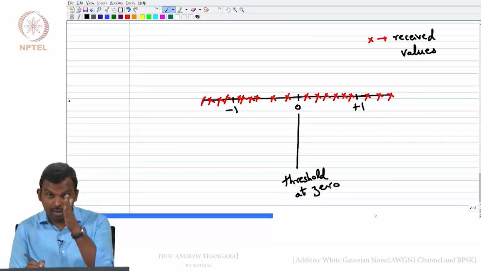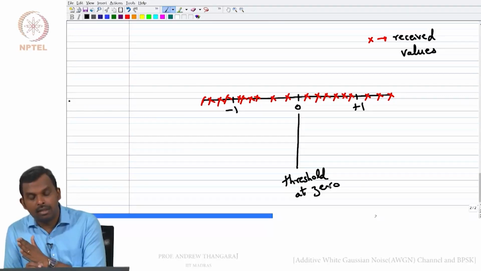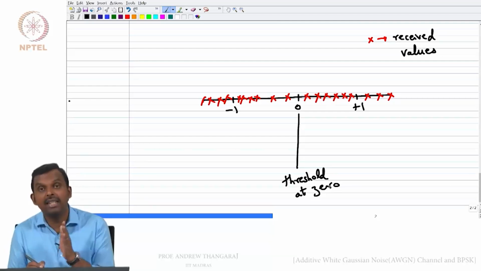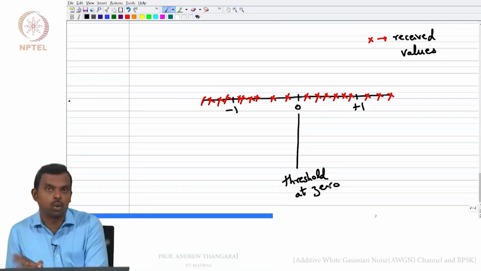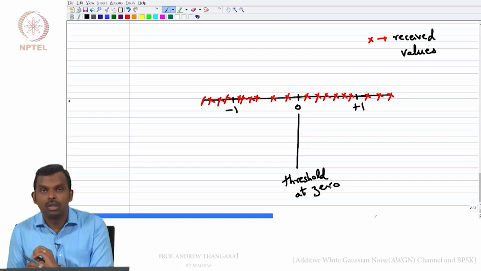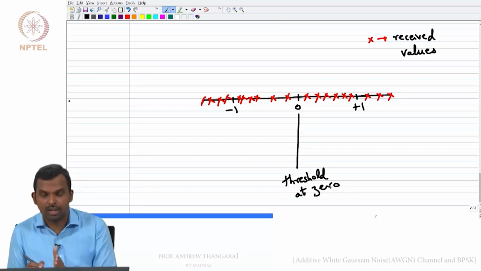Okay. What do I mean by threshold at 0? Any received value to the right of 0, or any received value which is positive, I will decide for that received value the transmitted symbol to be plus 1. Okay. So, that is the thresholding at 0.